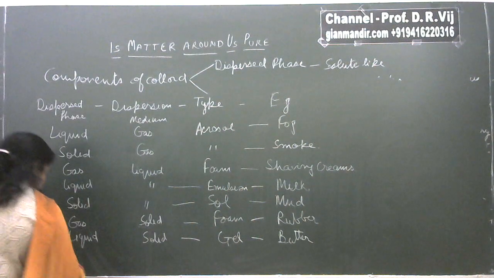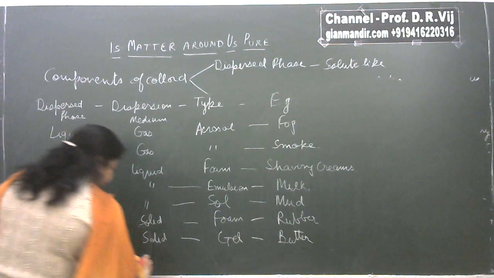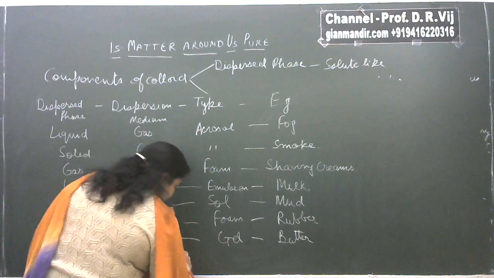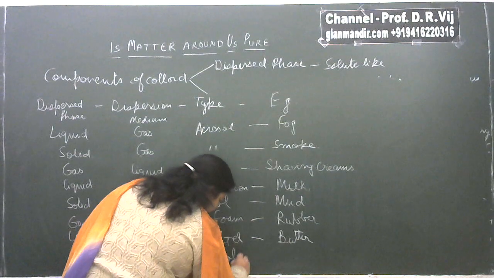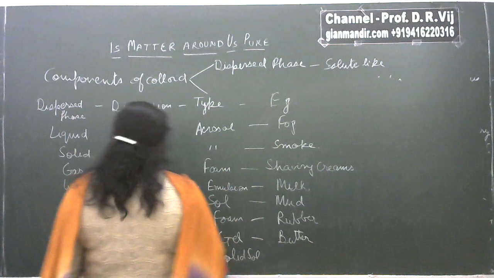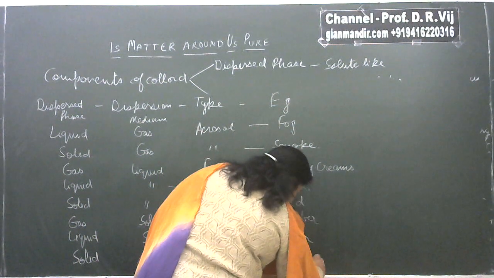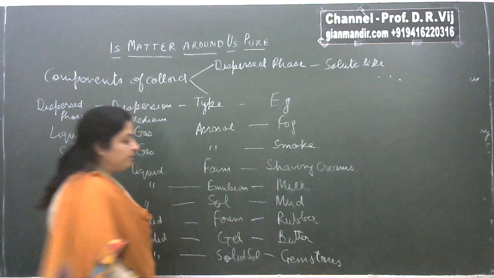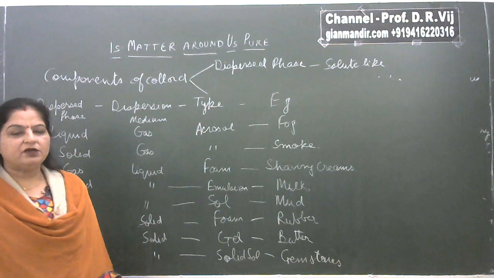And then another one where the dispersed phase is solid, dispersion medium is also solid, then the colloid is known as solid sol. For example, here we can take the different colored gemstones, which are examples of solid sols, where both the dispersed phase and dispersion medium are solids, right?